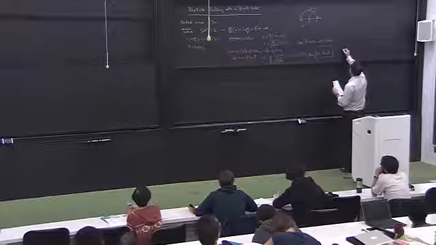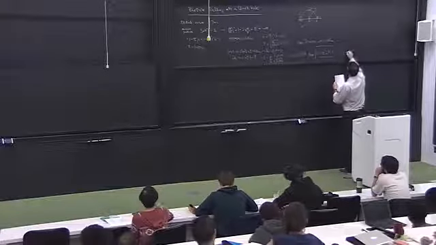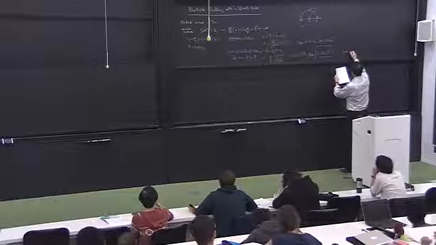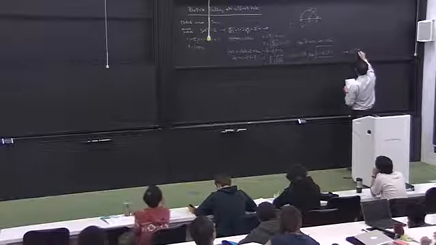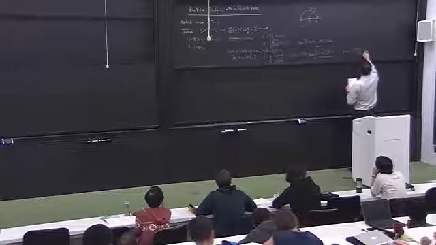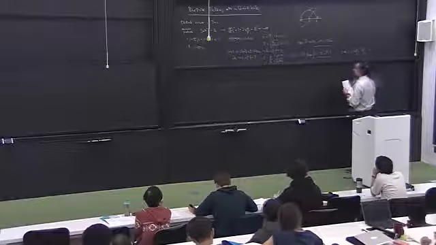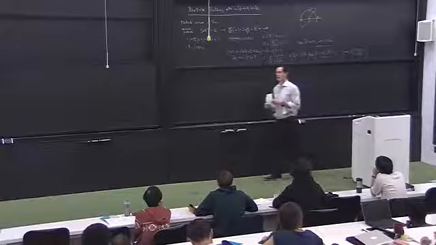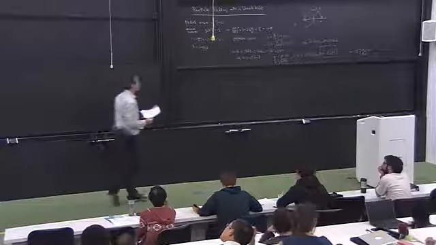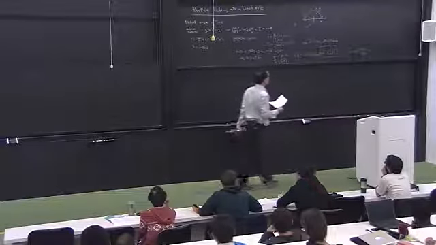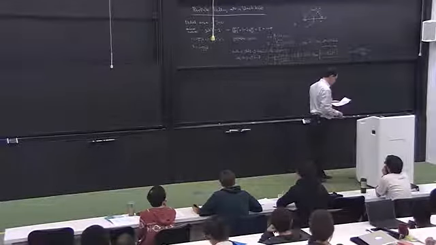And in units, tau is approximately 10 to the minus 5 times the mass of the sun seconds. So for a black hole of mass equal to the mass of the sun, you've got 10 microseconds before you hit the singularity. For the black hole in the center of the galaxy, you've got about 10 seconds before you hit the singularity.